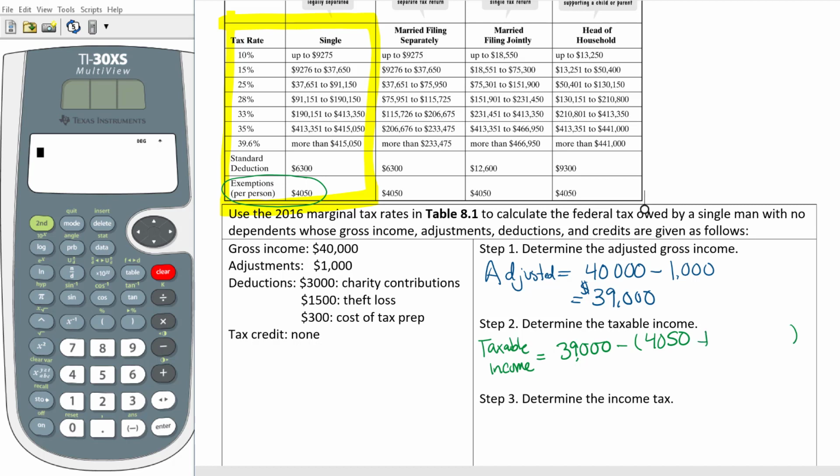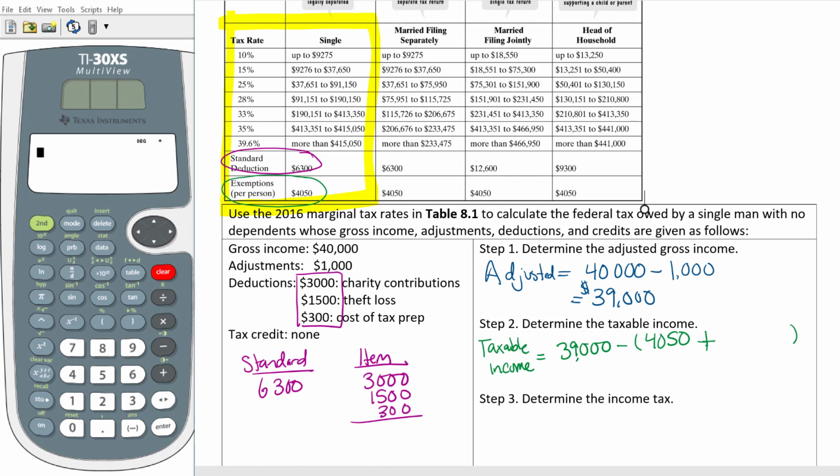Now the exemptions are a little bit trickier because we have two types of exemptions. We have the standard exemption, which if you look in the table is 6,300, and the itemized, which we have here: the charitable contributions, he donated $3,000, $1,500 in theft loss, and $300 in tax prep, which you can take off in deductions.